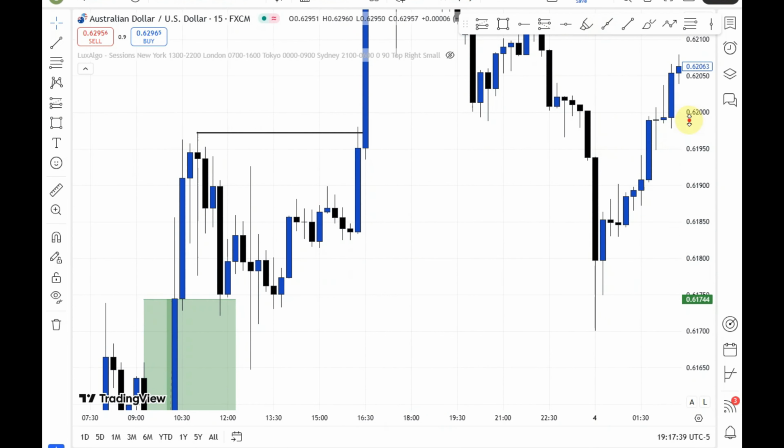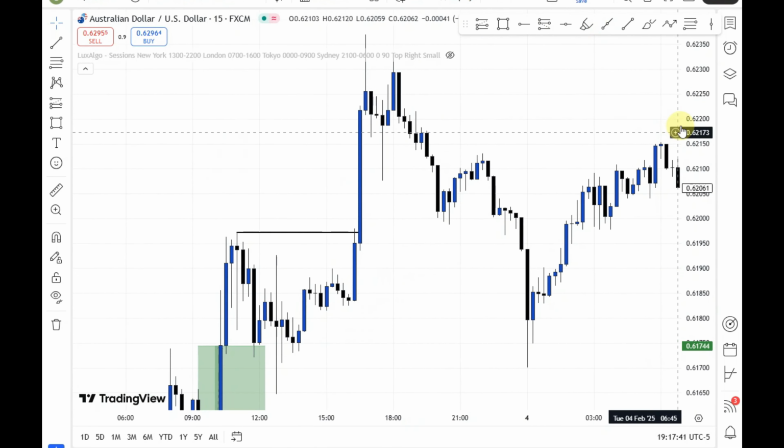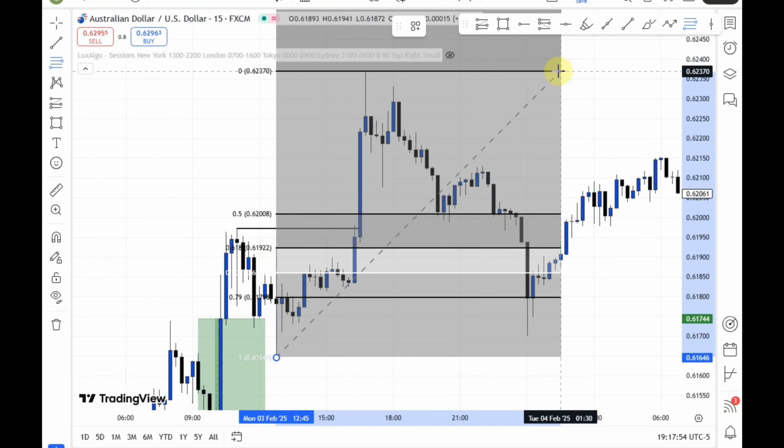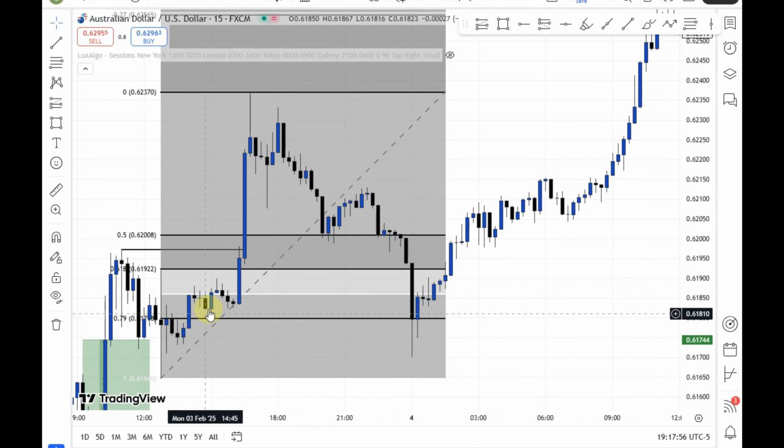What I can do in this scenario is to use Fibonacci levels. I draw my Fibonacci from this low up to this high. These price legs are good. I draw it from there up to there, so I just buy from the OTE, which is this level. I will send you my Fibonacci settings in the next video.